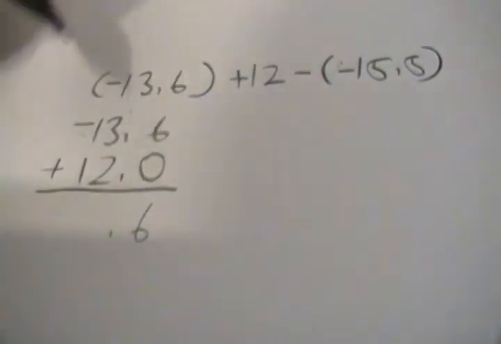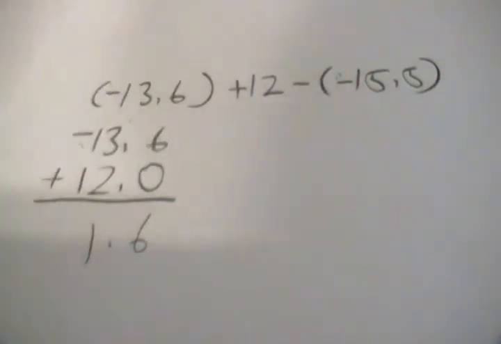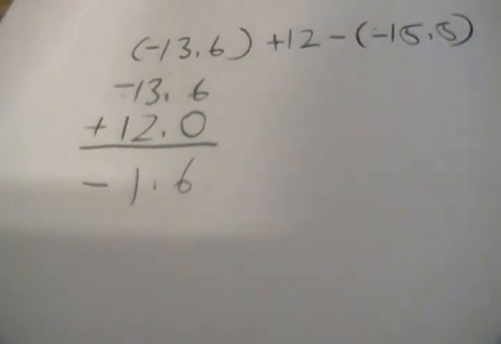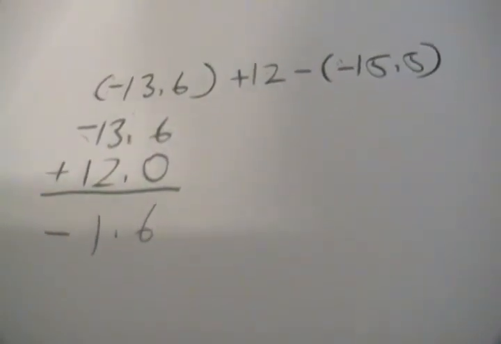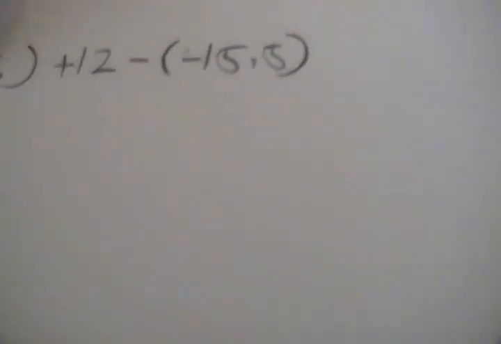Bring down the decimal point. 3 minus 2 is 1. 1 minus 1 is 0. And the answer here, not the final answer, is negative 1.6. Alright, but we're not done here yet, right? Because there's another step. Because we have these numbers, which we already did, minus a negative 15.5.